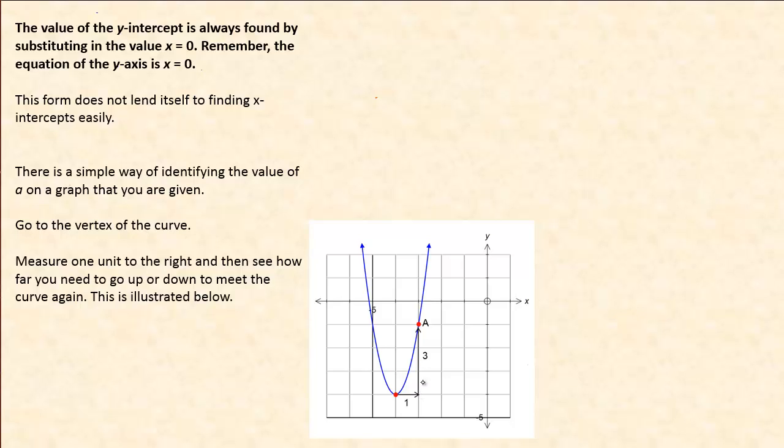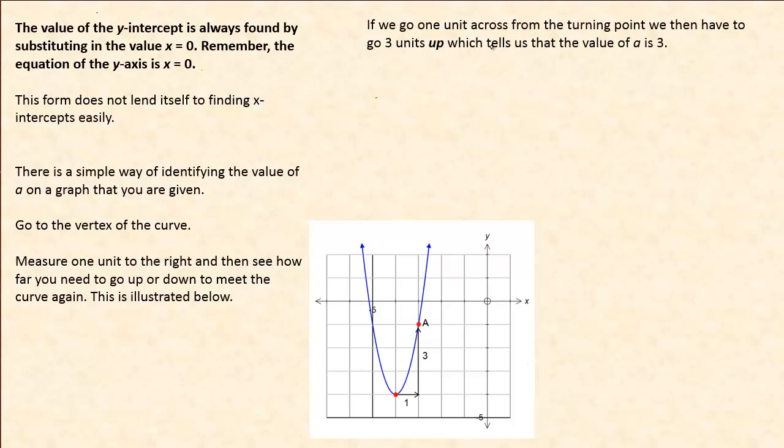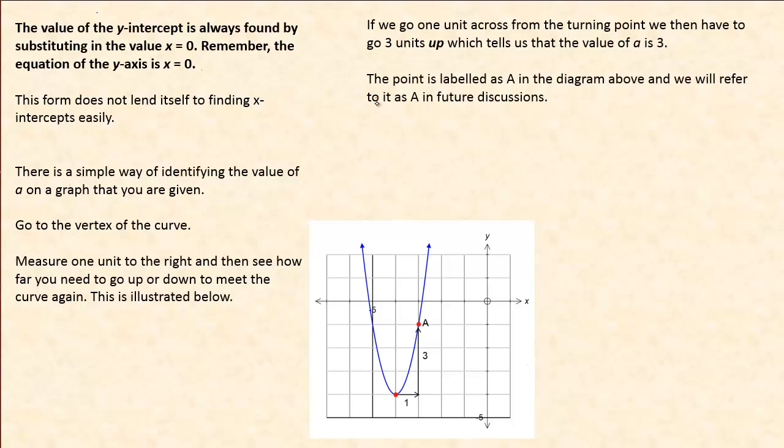Now in this case I have to go 1, 2, 3 units up again to meet the curve, and note I've called this point A. If we go 1 unit across from the turning point, we then have to go 3 units up, which tells us that the value of a is 3. The point is labelled as A in the diagram, and we will refer to it as A in future discussions.